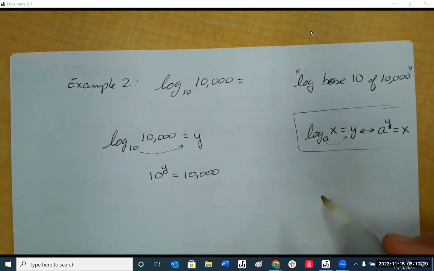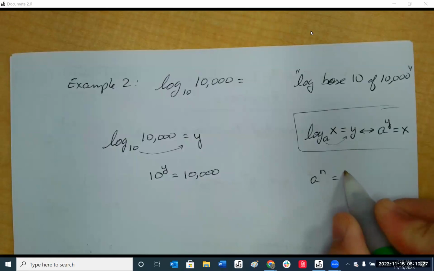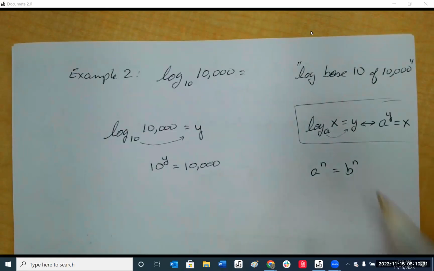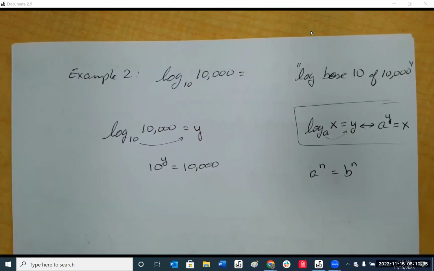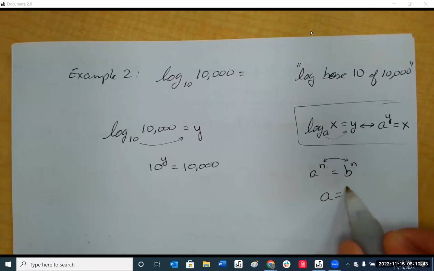Now there are two properties. If the bases are equal, then the exponents have to be the same.